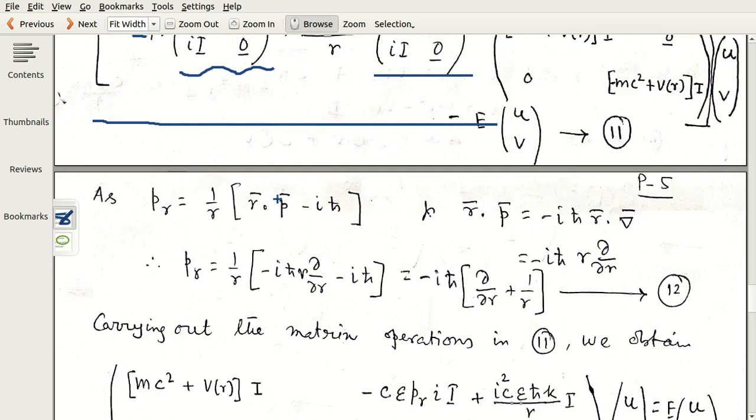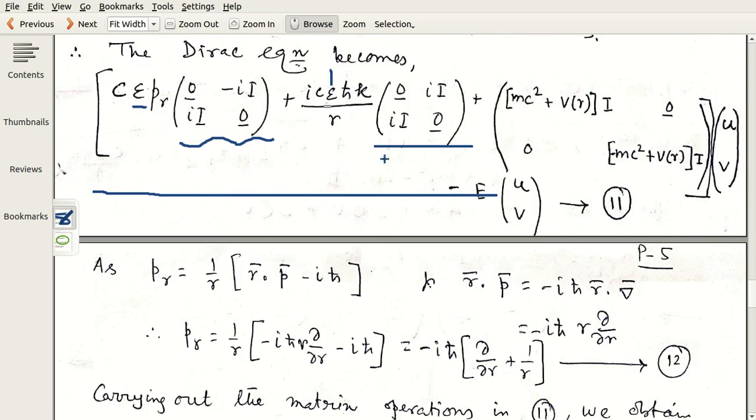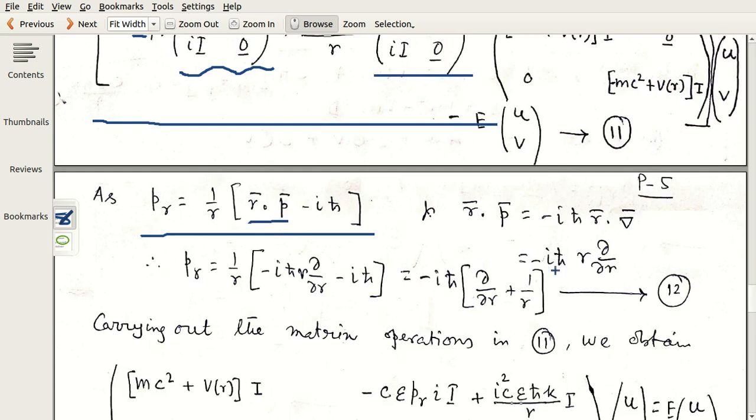Now we will use some mathematical results, that p r equals 1 by r into r dot p, the radial component of momentum depending on r dot p, and r dot p is minus i h cut r del del r.